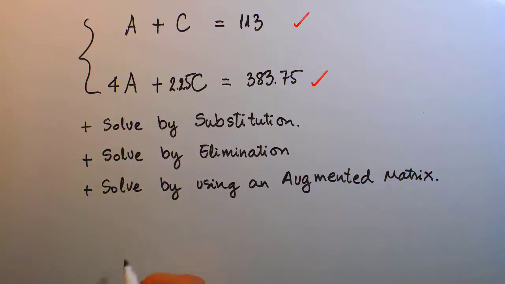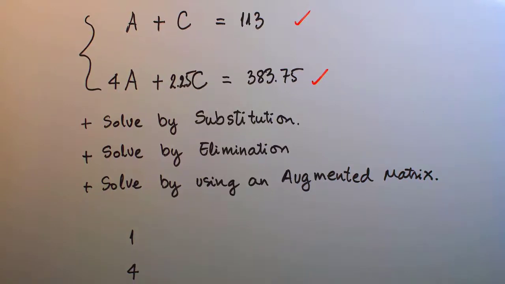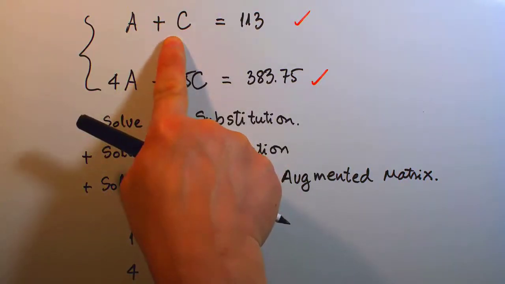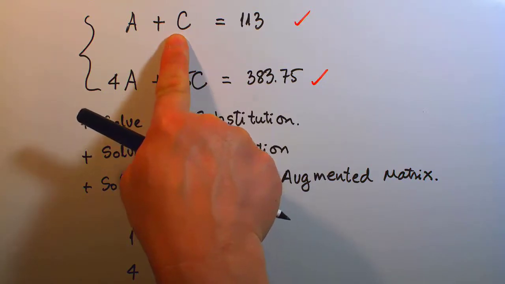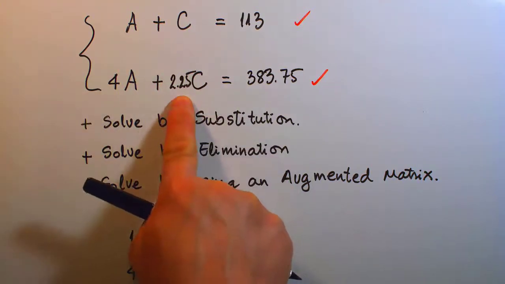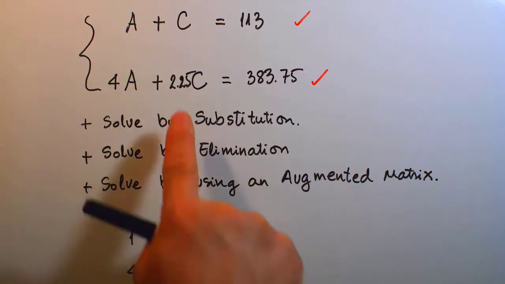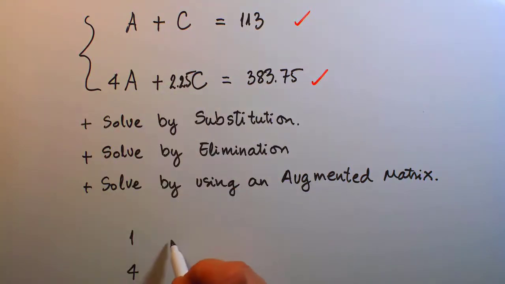So the first column in the matrix is 1, 4. Then in the next column over, the coefficient of the C variable in the top equation is a 1, and the coefficient of the C variable in the bottom equation, same column, is a 2.25. So now we have another column being 1 and 2.25.